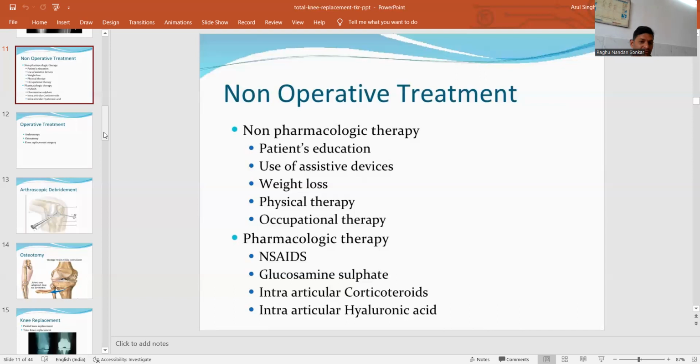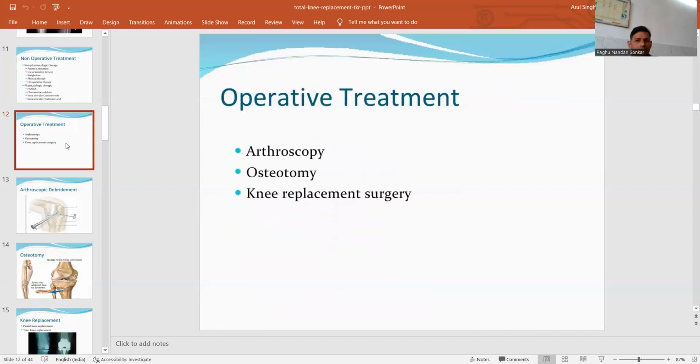So we can find better results. Intra-articular corticosteroid, intra-articular hyaluronic acid. So all these are non-operative management.